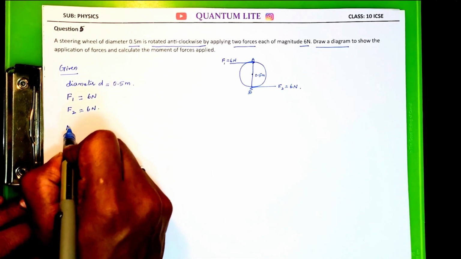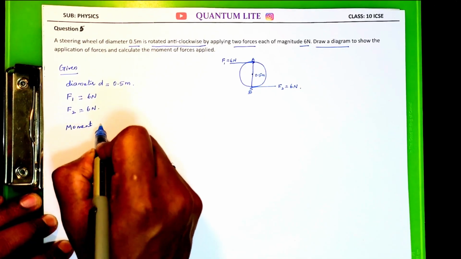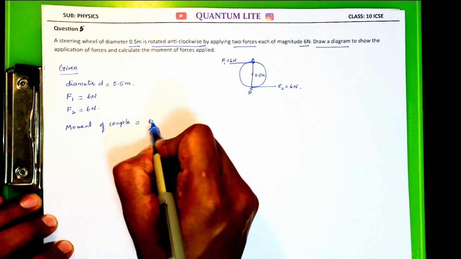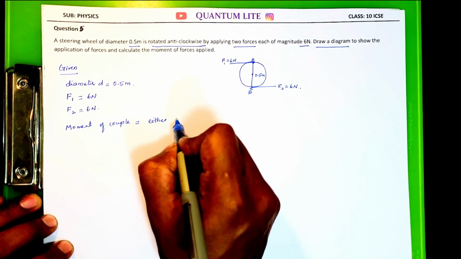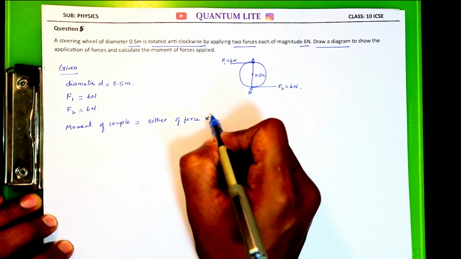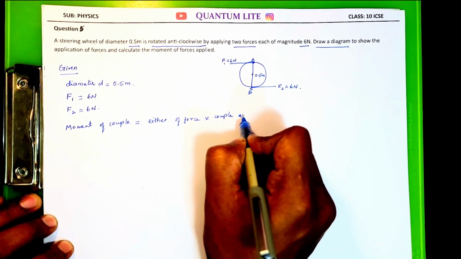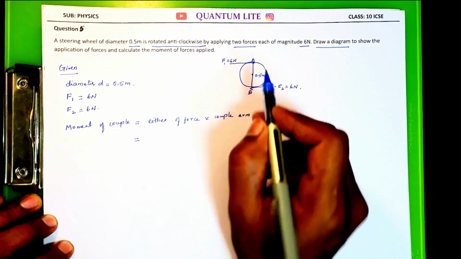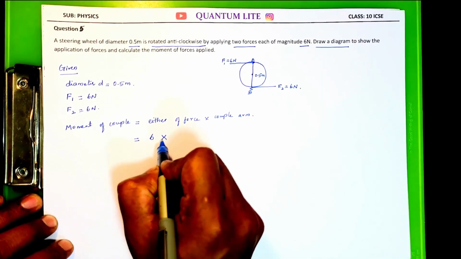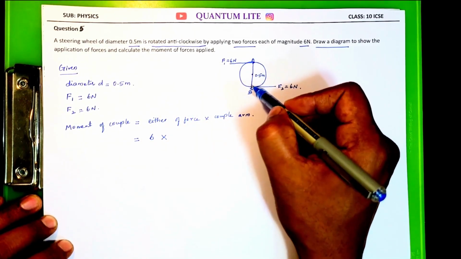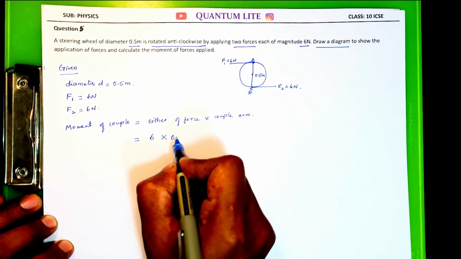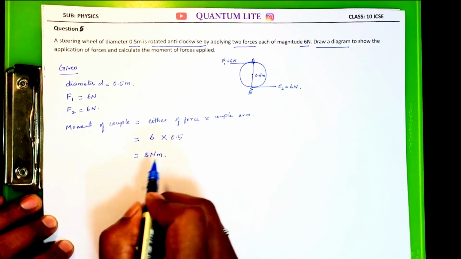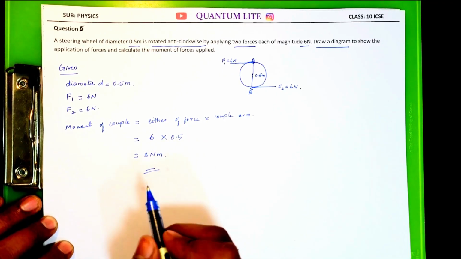They asked us to calculate the moment of couple, and we know the formula: either of the forces into the couple arm. So take F1 or F2, 6 into the couple arm. From A to B is nothing but the couple arm, that is equals to 0.5. So that is equals to 3 Newton meter. So the moment of force is 3 Newton meter.